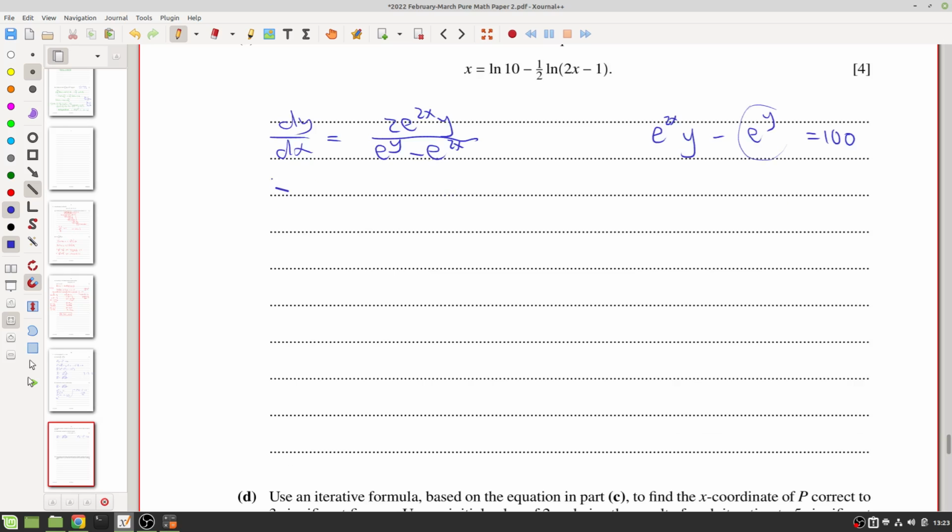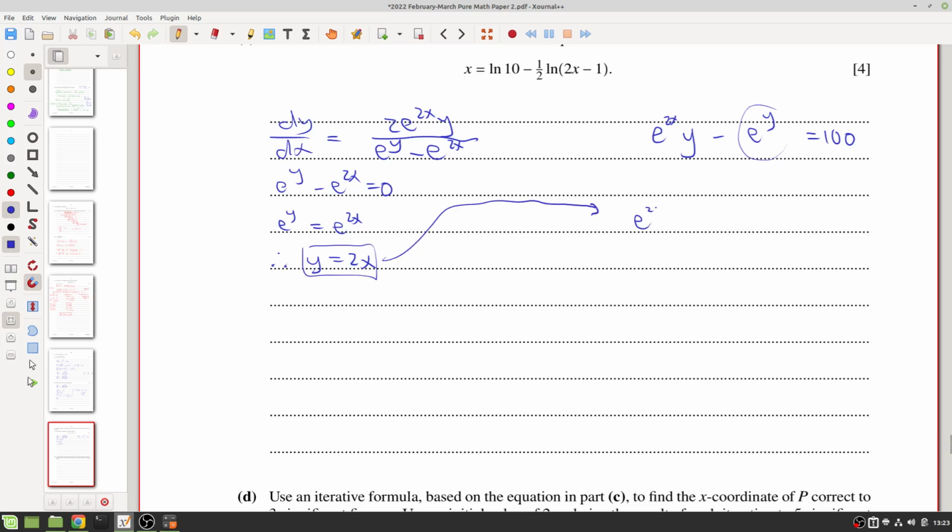So e^y minus e^(2x) must be 0 in order for the gradient to be undefined. That gives us e^y must be equal to e^(2x). Since our base numbers are the same, our exponents are also equal. So y equals 2x.